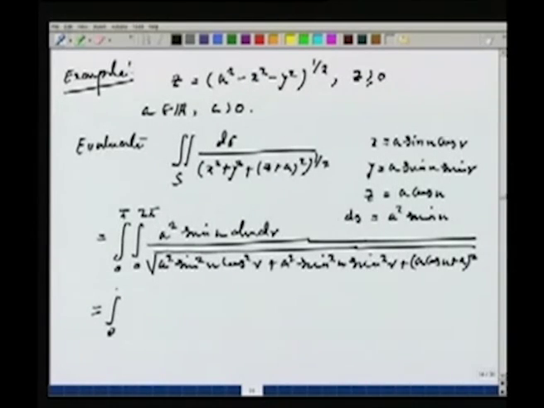That is 0 to pi by 2, from 0 to 2 pi, a square sin u du dv, that remains.